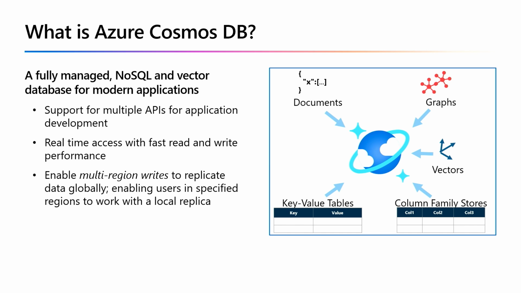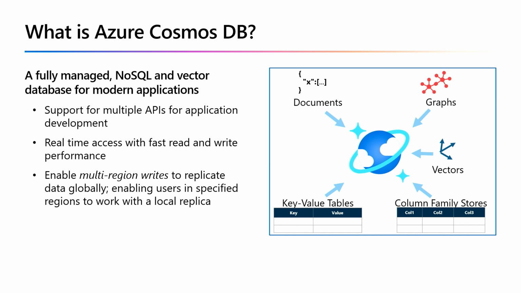Azure Cosmos DB is part of the NoSQL database family. Unlike relational databases, NoSQL uses different models to store data like documents, graphs, key value stores, and column family stores. But what does that mean for you? In a word, flexibility, and scalability too, without sacrificing performance.